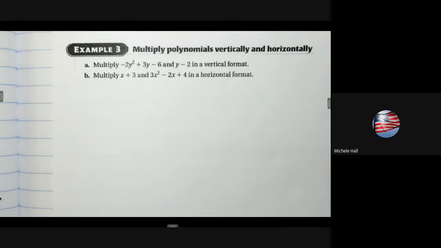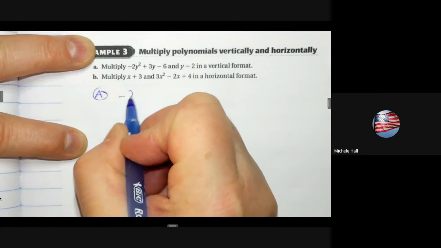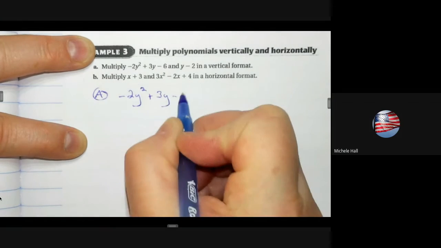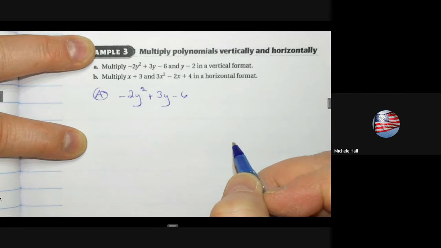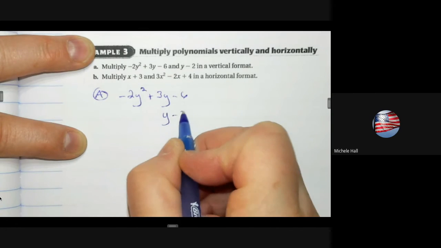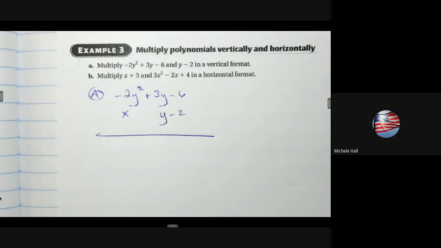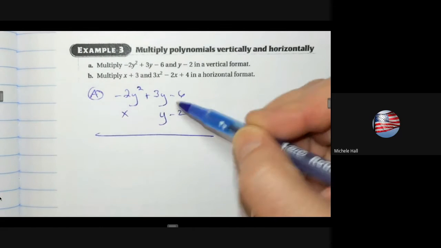Example 3, multiply polynomials vertically and horizontally. We have negative 2y squared plus 3y minus 6, and we're going to multiply y minus 2. So it's the same thing as regular multiplying if you're used to multiplying without lattice.